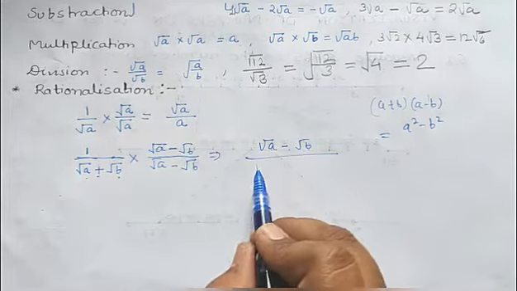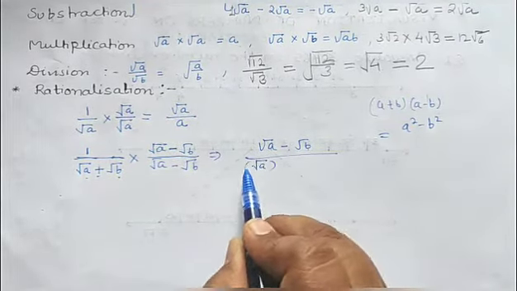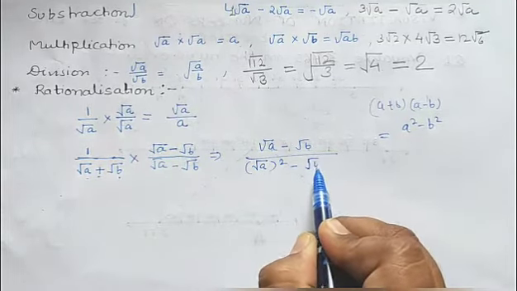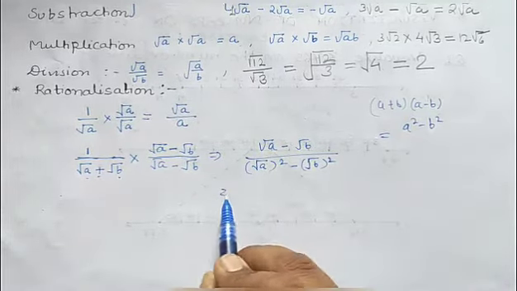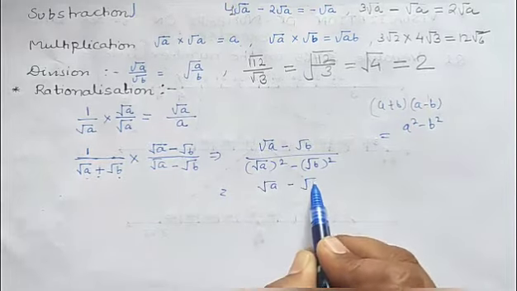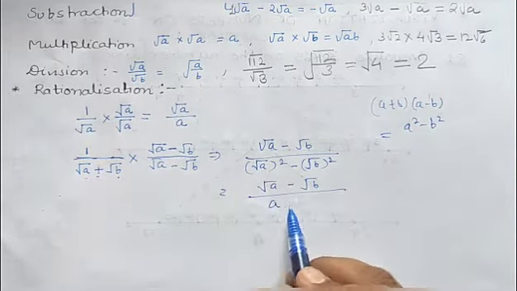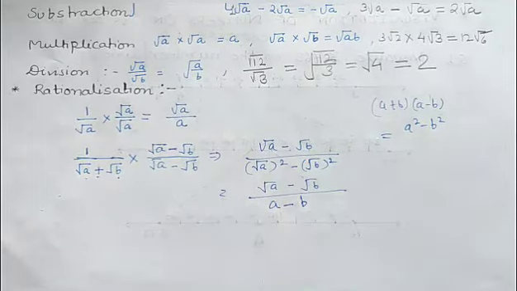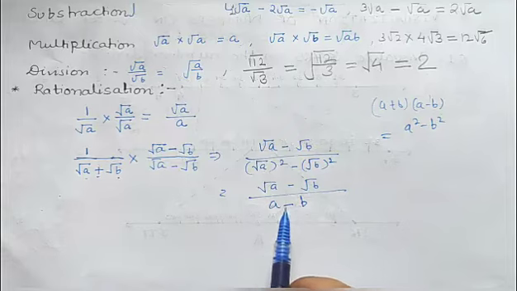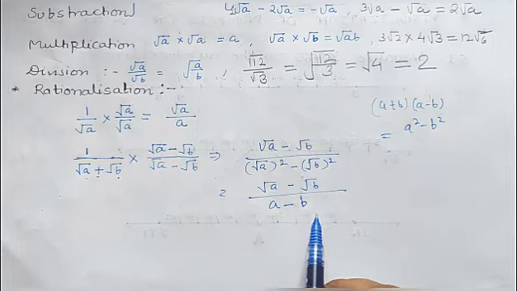So here also in the denominator under root a square minus under root b square, so it will be under root a minus under root b upon, root a square is a and root b square is b. So here also if you see the denominator, the square root is removed.